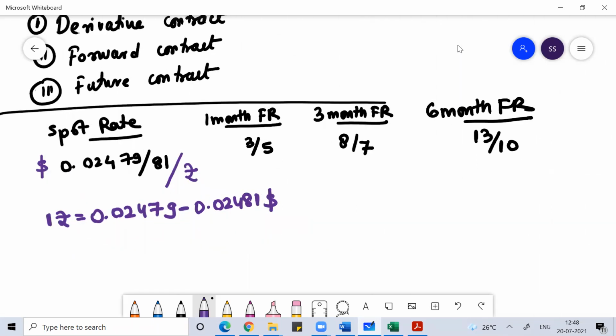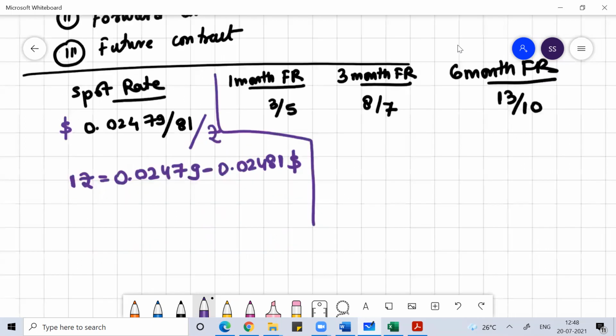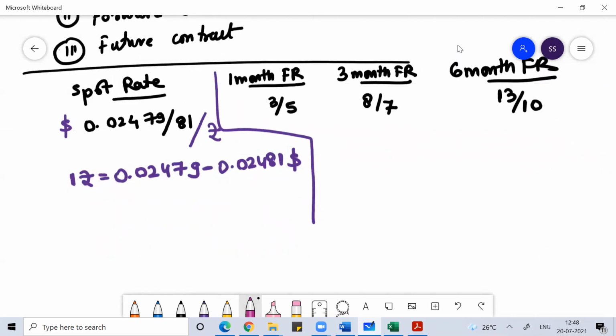So guys, when you see the value of a currency in the spot market, you can see two values written. The bid quote is the rate at which the bank buys foreign currency, and the ask quote is the rate at which the bank sells foreign currency. So 0.02479 is your bid quote, 0.02481 is your ask quote.